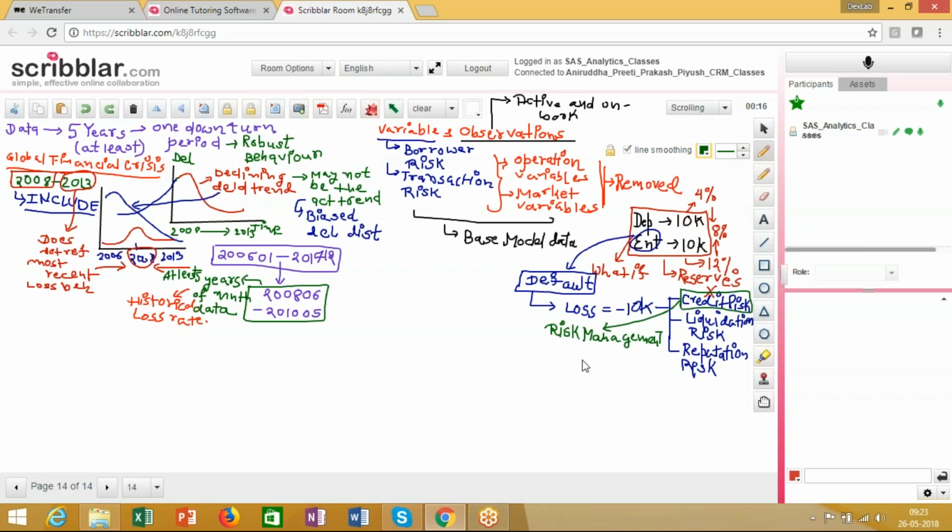Now, while I talk about risk management strategies, there are two broad areas to discuss. One of the broad areas is the business strategies, right?